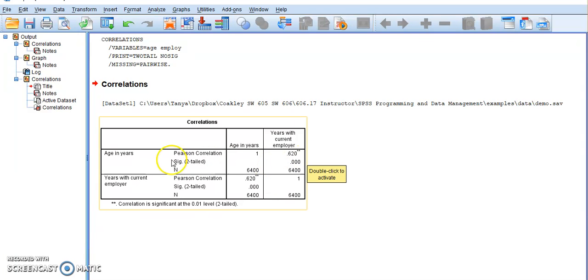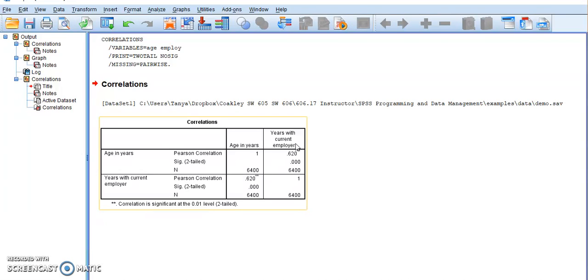So as we predicted, age and years, come right over to this column here, is related to years with the current employer, and it is indeed a positive relationship. With an increase in the numbers for your independent variable, like age, it goes up. That corresponds with an increase in the number of years for your dependent variable.